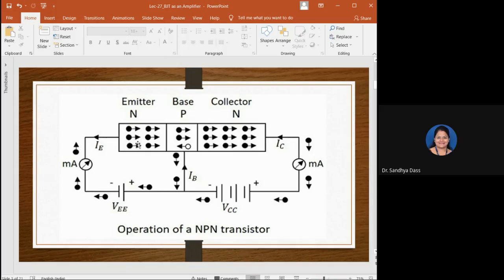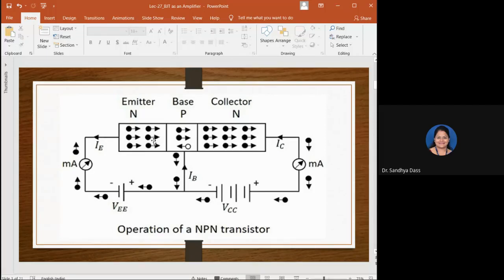So now when the electrons move into the P region, a small amount of electrons recombine with the small concentration of holes in the P region, and they get attracted to the positive terminal of the battery. Okay, so a small amount of electrons move outside here, constituting the base current. A very small base current will be there as indicated here.